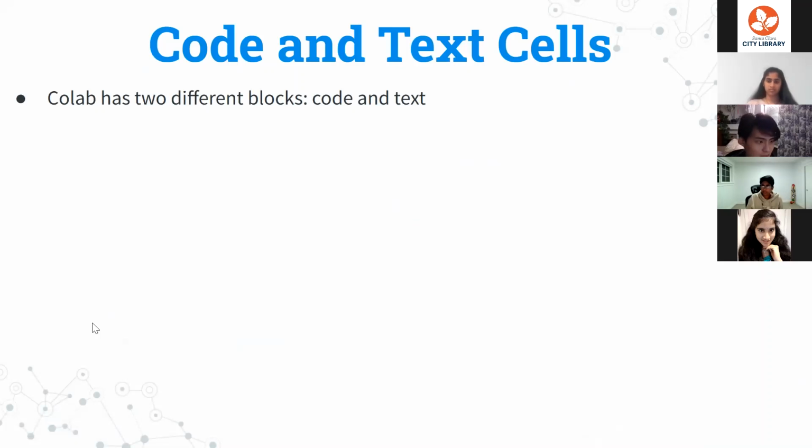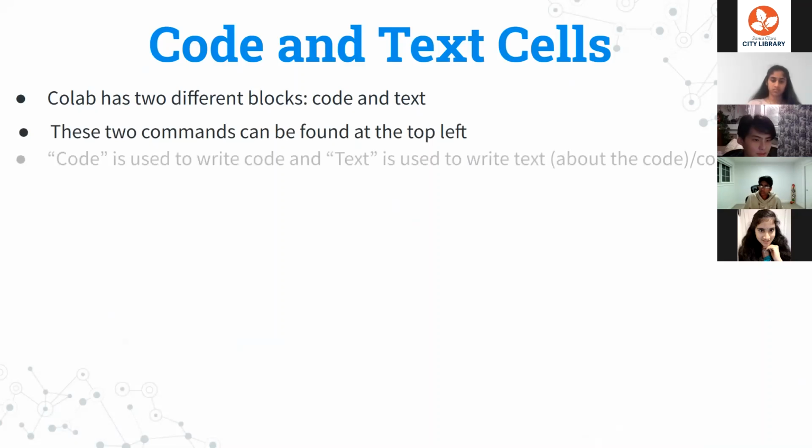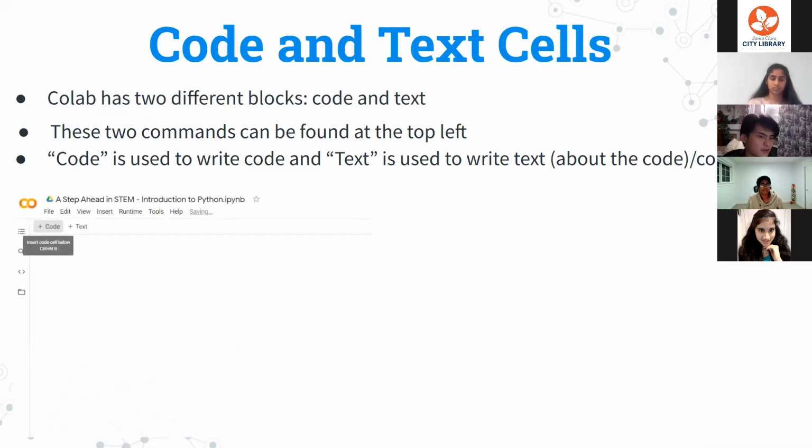Okay, so Colab has two different types of blocks. You have code blocks and text blocks. Code blocks are where you're going to be doing most of your programming, and text blocks are where you're going to write things that won't necessarily affect the program. I know most of you aren't familiar with programming, but for those of you who are, your text blocks are sort of like your comments.